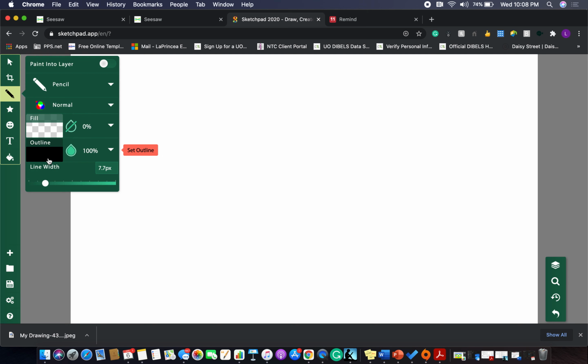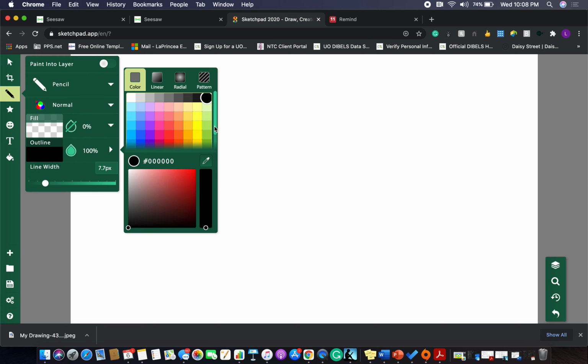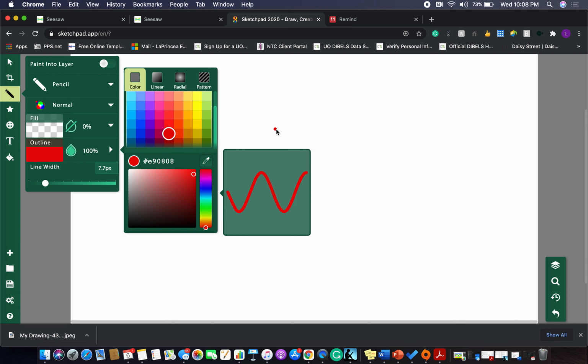I want you to draw with a red, or you can draw whatever you have at home. I'm going to draw with a red piece of, I guess this is ink on my computer, and I'm going to split this side into 6 parts.